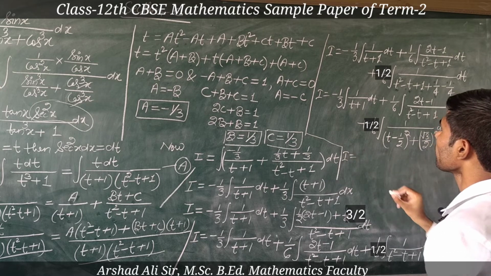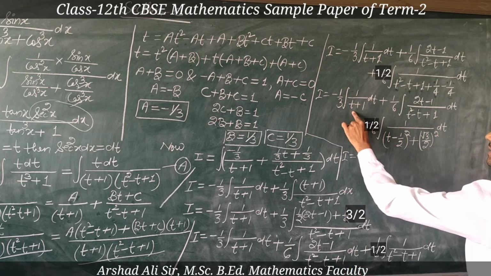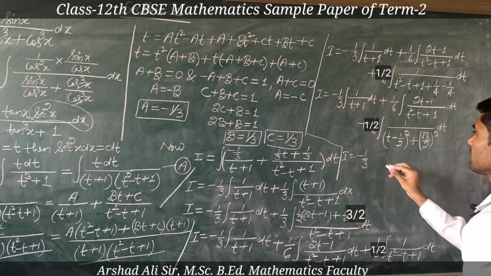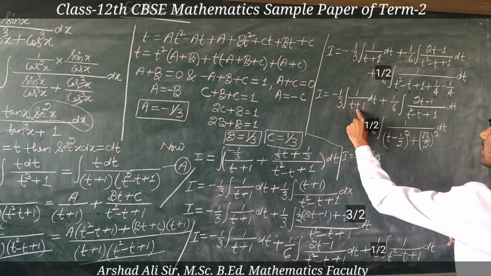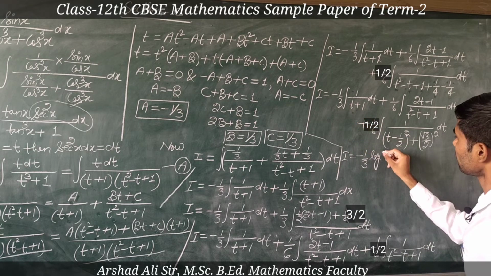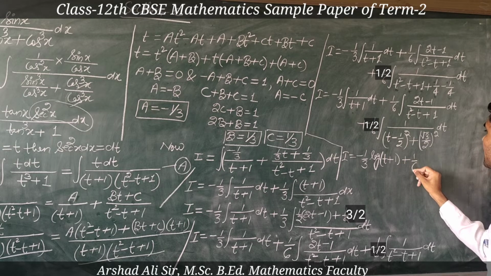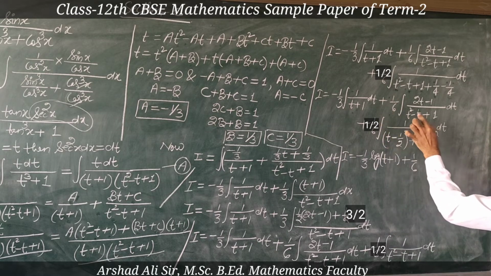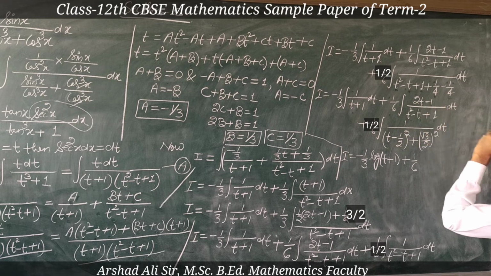I is equal to minus 1 upon 3, 1 upon x, it will be logarithmic x. It means logarithm of (t plus 1), plus 1 upon 6. T square minus t plus 1 is the denominator, and 2t minus 1 is the differentiation which is in the numerator.